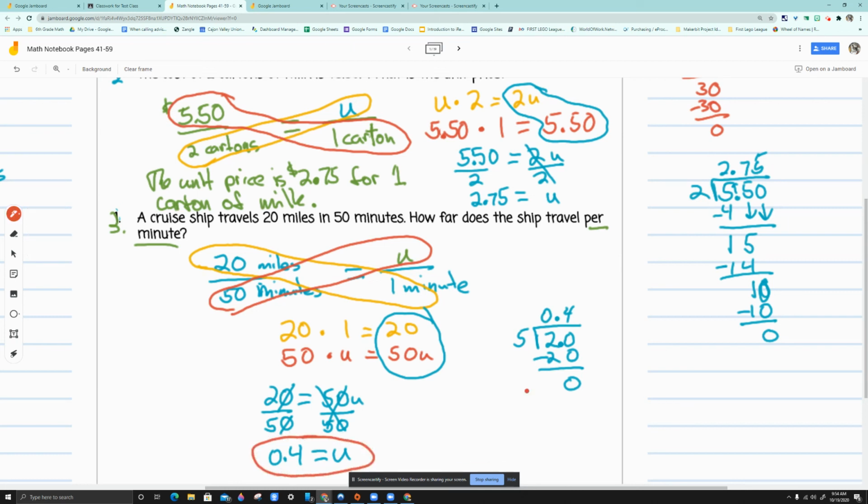So I could say the cruise ship travels 0 and 4/10 of a mile per 1 minute.